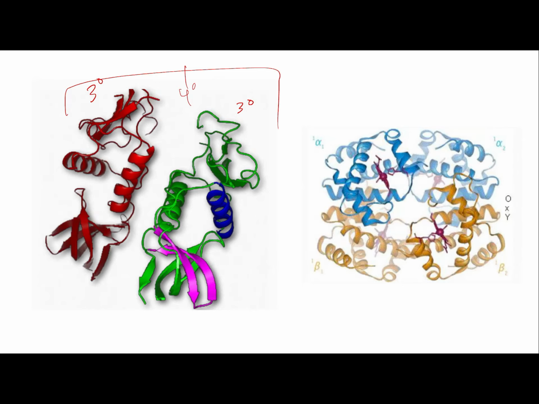So of course, quaternary structure describes interactions of individual subunits of a multi-subunit protein. The result of these interactions can give rise to important biological phenomena such as cooperative binding, allosteric effects. We're going to look at some of these.